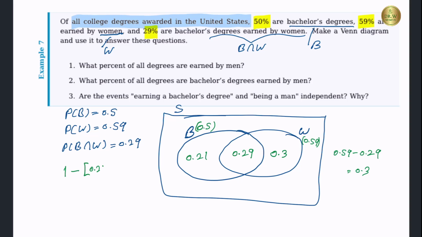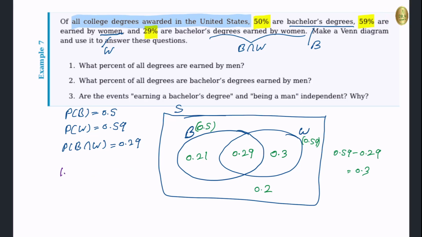First 0.21 plus 0.29 plus 0.3. Add them together, subtract from 1. It is 0.2. Now we complete the Venn diagram. If you need to make sure you completed this correctly, add all probabilities, then it must be 1.